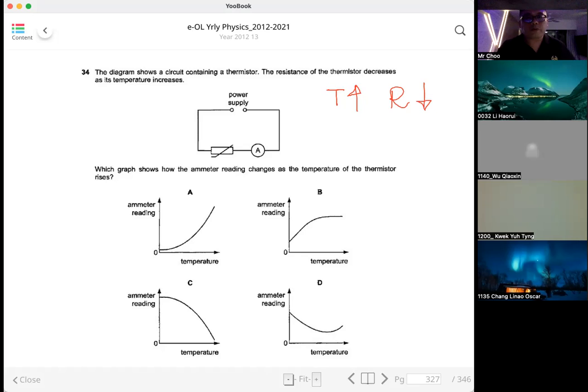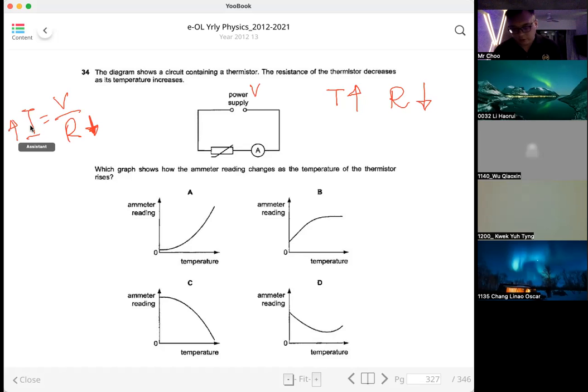Okay, so in this case, as the temperature goes up, resistance goes down. When the resistance goes down, V remains the same. So I is equal to V over R. When the resistance goes down, what happens to your current? Current will go up.